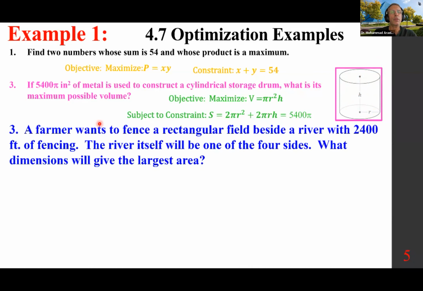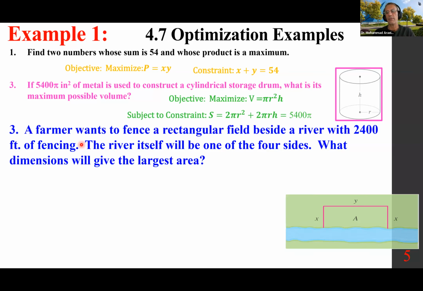Here's another example. A farmer wants to fence a rectangular field beside a river with 2,400 feet of fencing. The river itself will be one of the four sides. What dimensions will give the largest area? I'm going to go over this one with details, but there were some examples that you saw. So what I want to mention, you have to do the setting, you have to do the drawing.